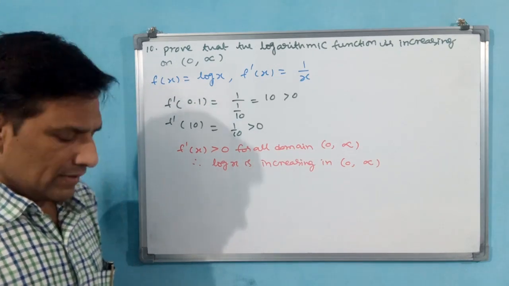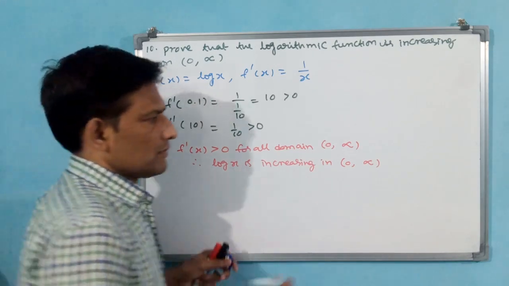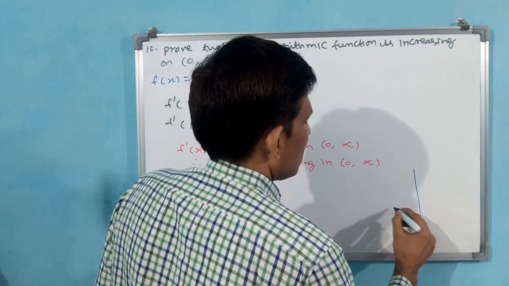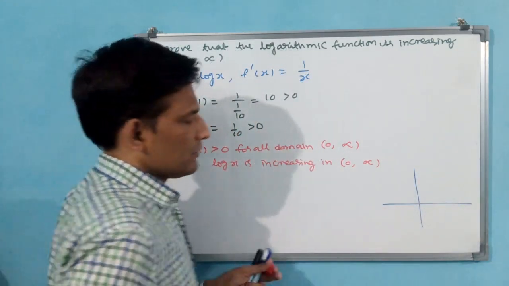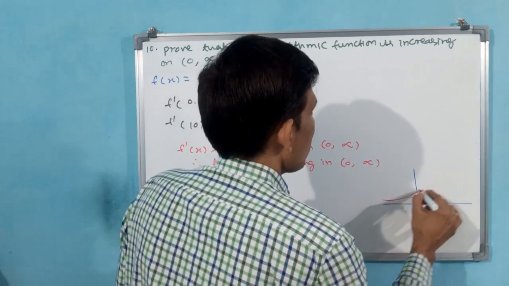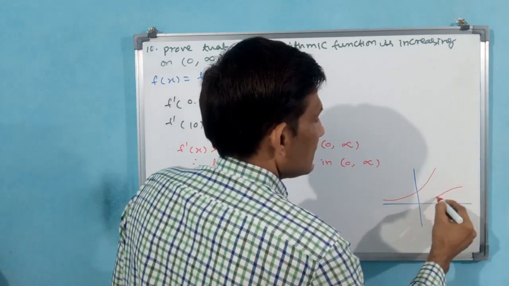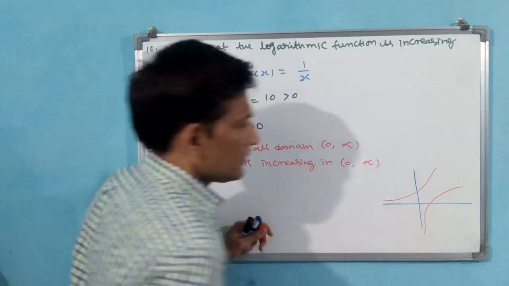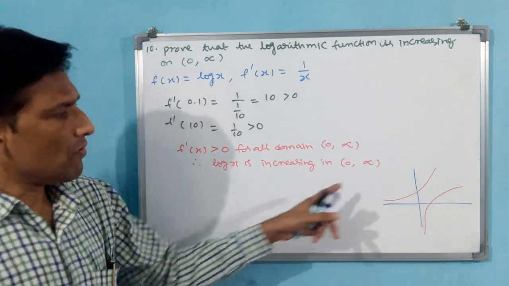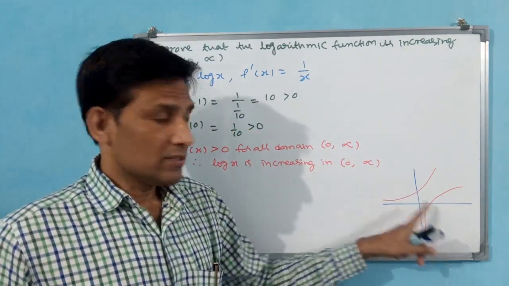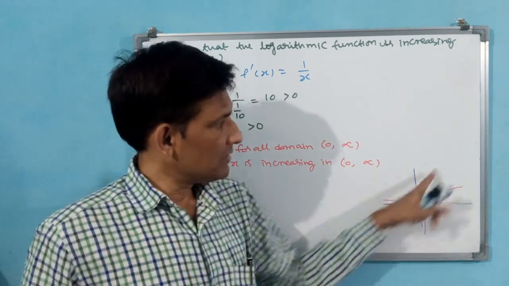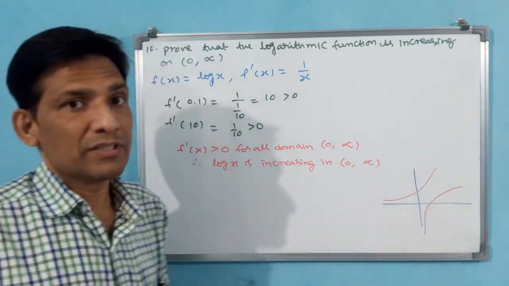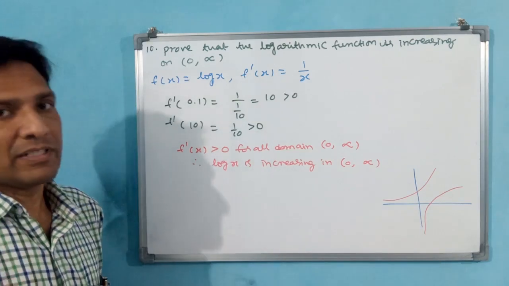Before that, once again I will draw the graph. You see here, this is e power x, this is log x. Both are opposite, and both are continuous functions, continuously increasing.